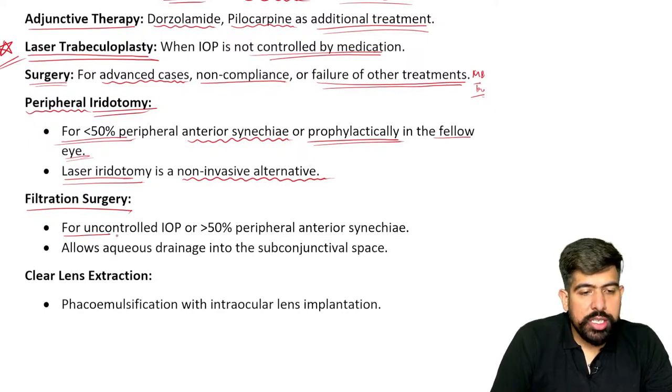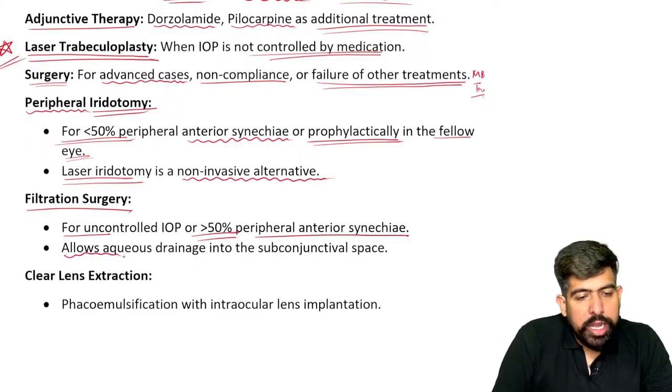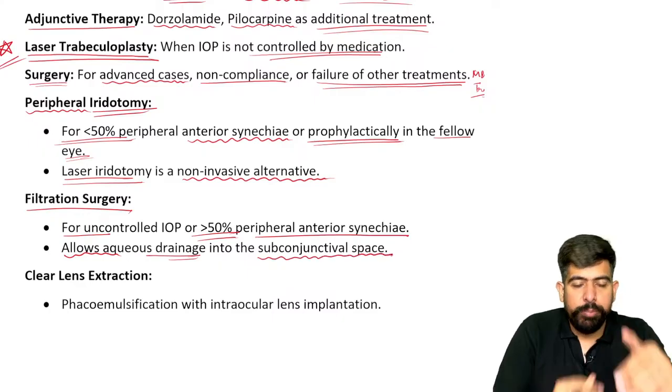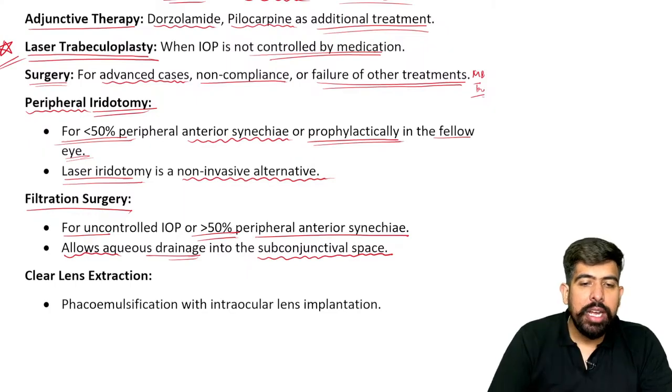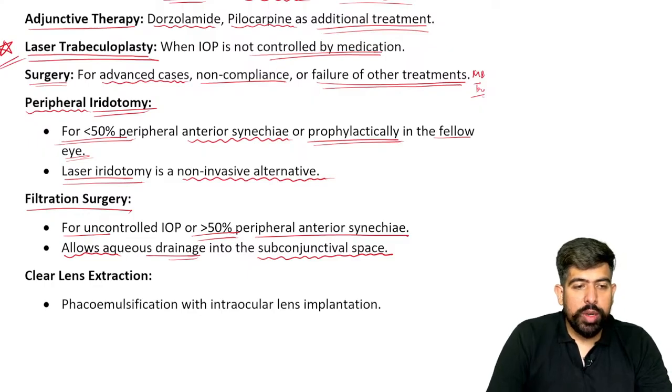What is the meaning of filtration surgery? For uncontrolled IOP, with more than 50% peripheral anterior synechiae, we allow the aqueous drainage into the subconjunctival space. So we made a different pathway, or an area where the aqueous can be drained out.